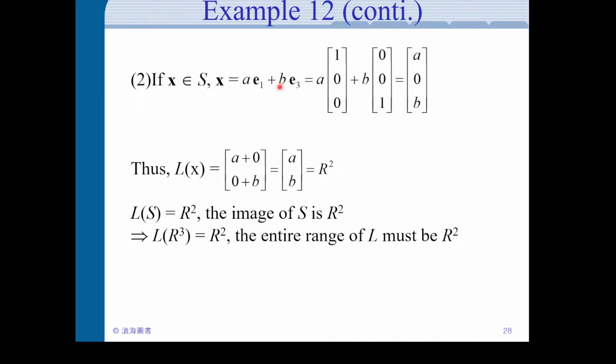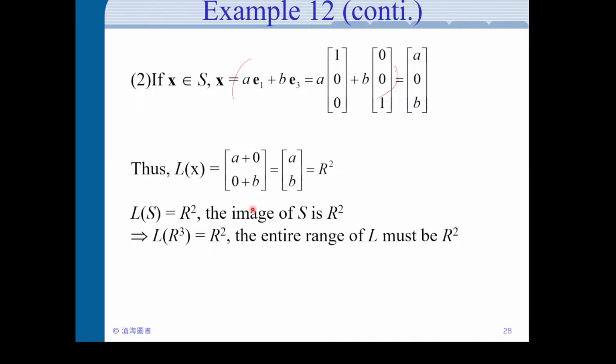Input vector being some A0B thing. Okay, so we have a lot of middle thing that's I think not important. And yeah, so let's write a parenthesis here. Let's just assume our x equals this A0B vector, and for whatever a and b, then L of x is a plus 0 and 0 plus b, because x1 plus x2 and x2 plus x3, and this is just whatever ab vector inside R2.